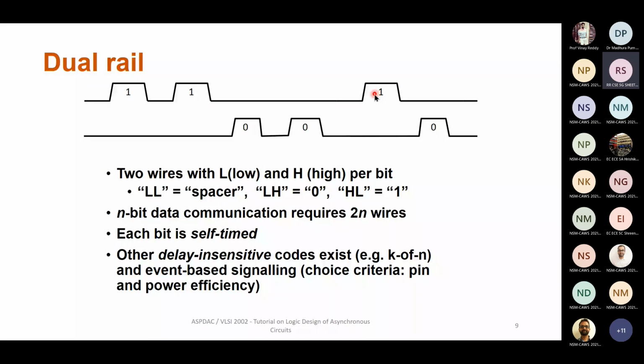So as you can see here, this is like 1 0. Here we're just representing it. Two wires are taken together to represent a bit. If I look at this combination, it is representing bit 1.